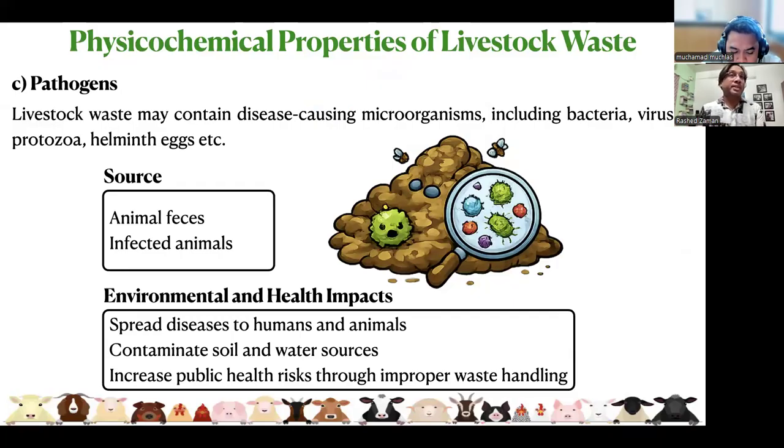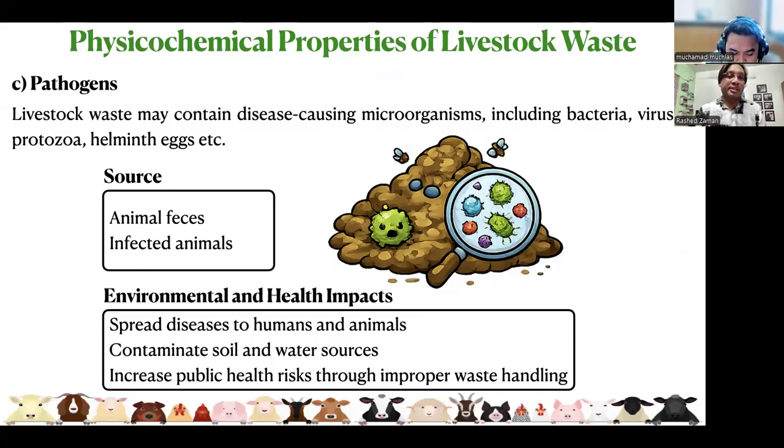Also from infected animals directly, these microorganisms can mix with the waste. It has some negative environmental and health impacts because these pathogens spread diseases to human and animal health. From the livestock waste, it can easily go to the environment and infect other healthy animals as well as humans.